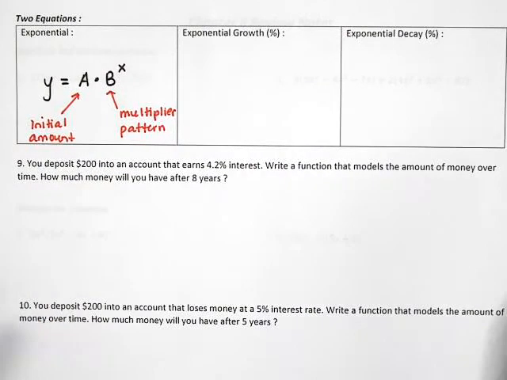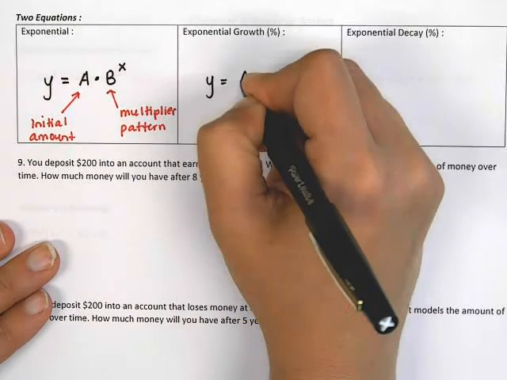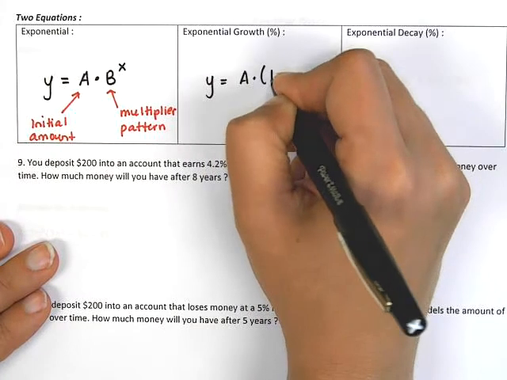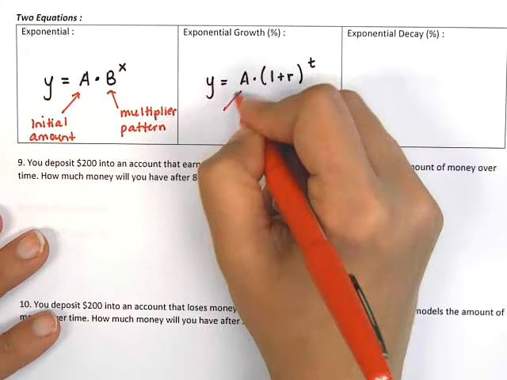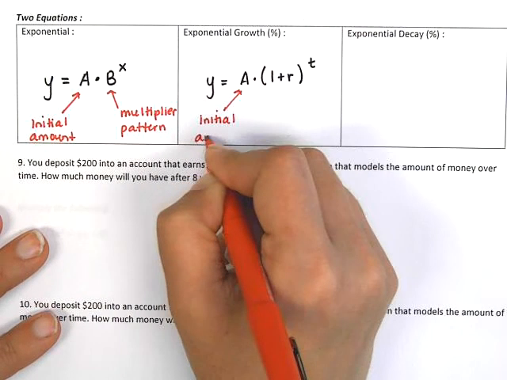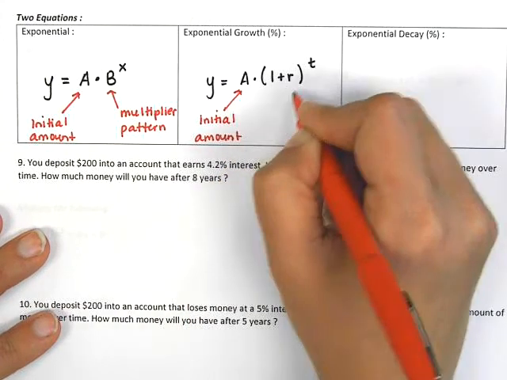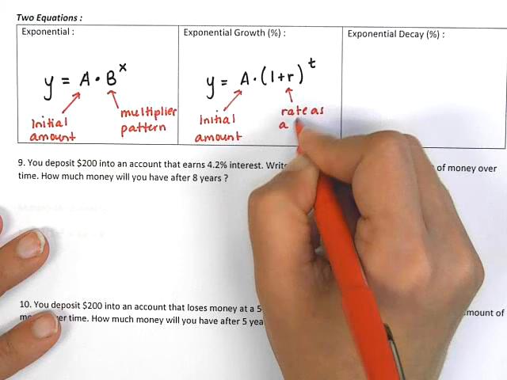Exponential growth, when there's a percent, we said we used this equation: y equals a times 1 plus r to the t power. A is still your initial amount. R is your rate as a decimal.